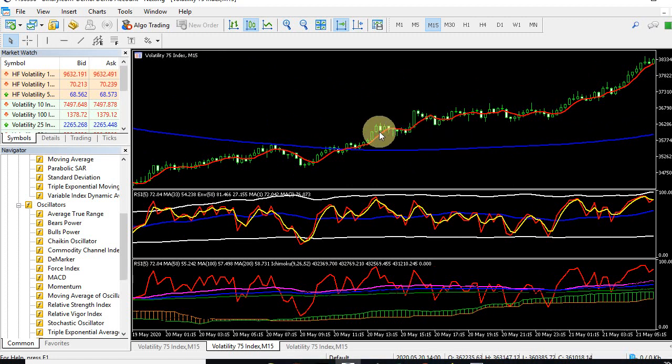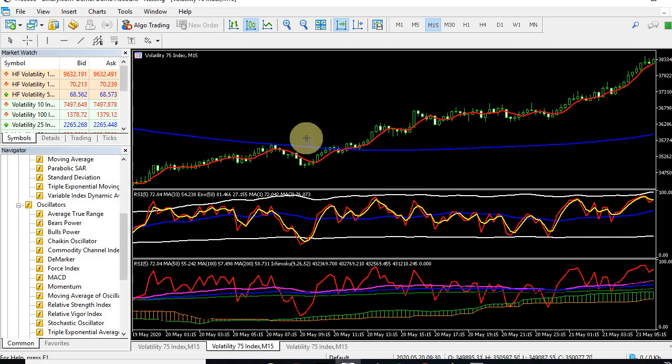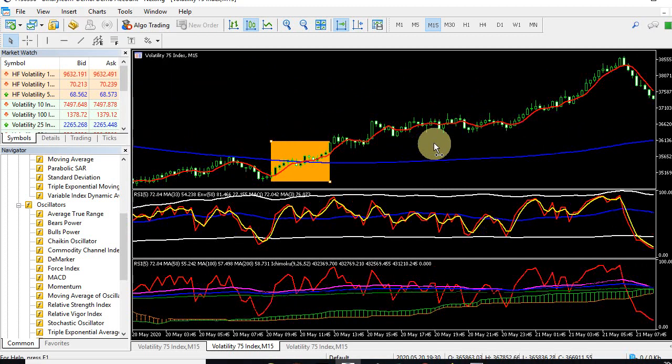Now when the moving average 5 period cross up above the 240 period like you have here, the trend changes and you start to buy.